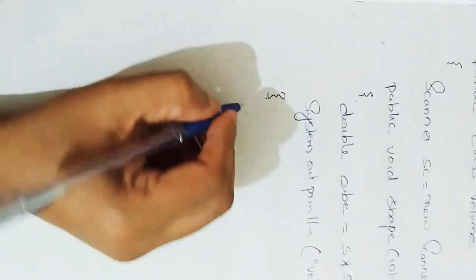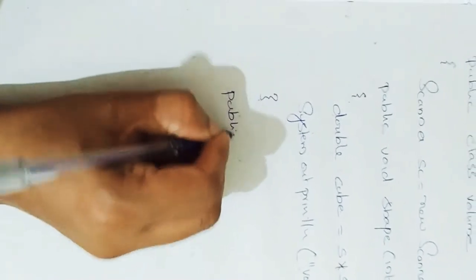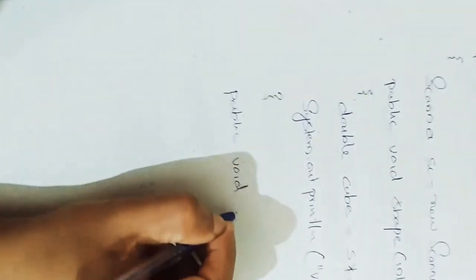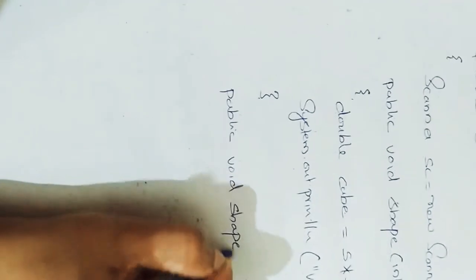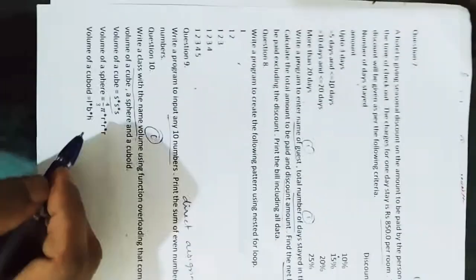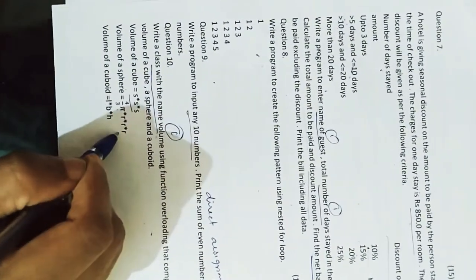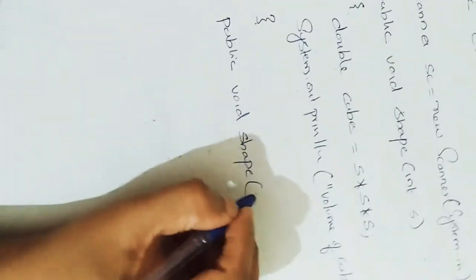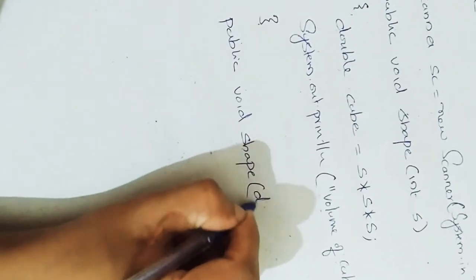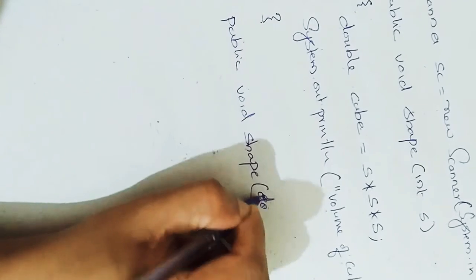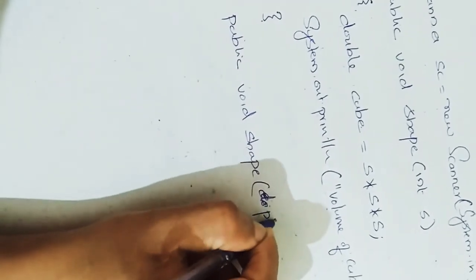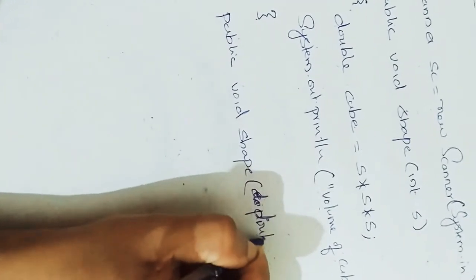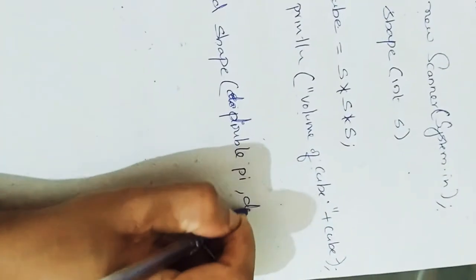It's very easy. Next method, you will have the same method name shape, but the signature will be different. Here there are pi and r.